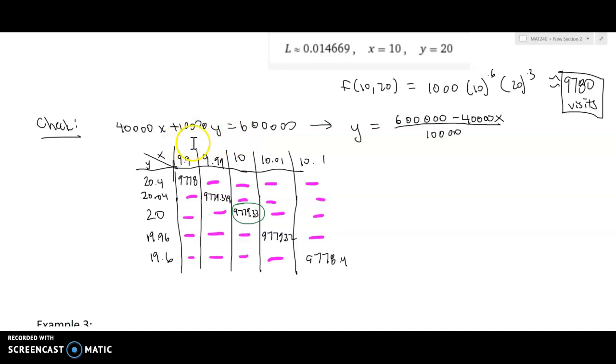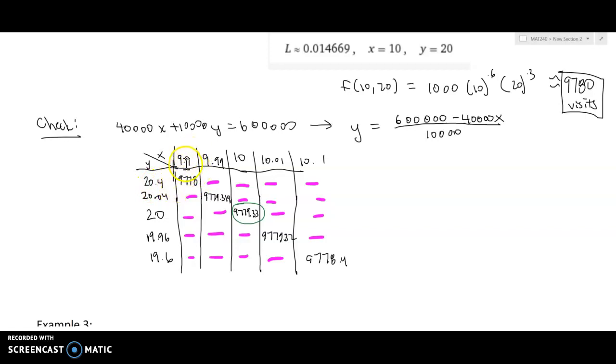So this equation, if we solve our constraint for y, then at least we could list the values of x that are close to 10: 9.99, 9.9 is a little bit farther away, 10.01 and 10.1 is a little farther away. And for this point, when x is 9.9 and we plug it into this equation here, we get 20.4 for y. So that's a valid point on that curve.